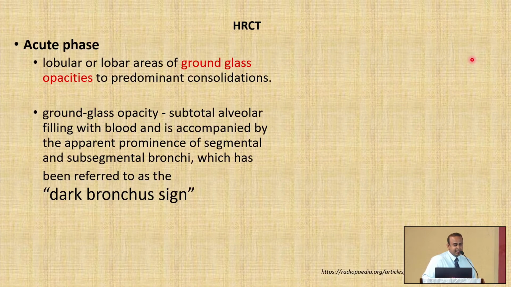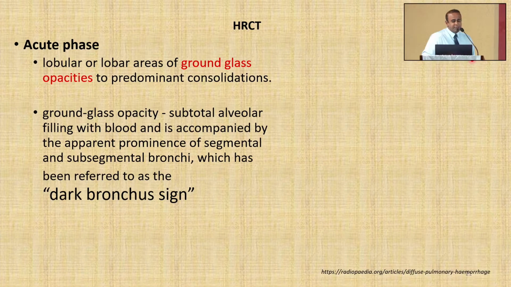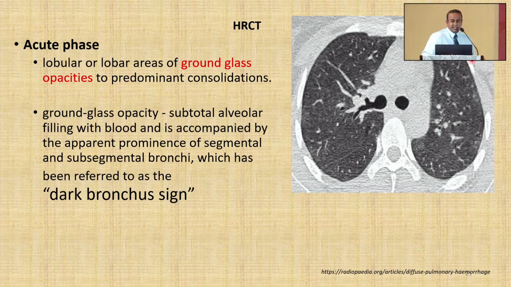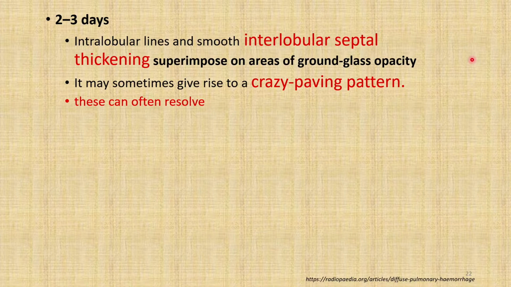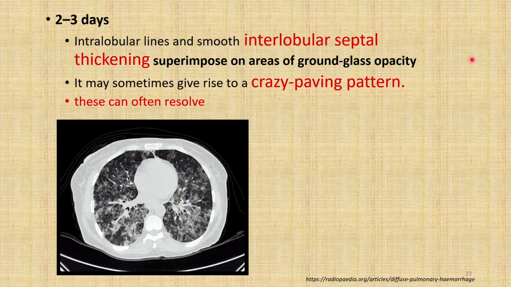So what about the HRCT? In the acute phase, there may be ground glass opacities, and we could appreciate the dark bronchus sign. You can see the patent airways are much more translucent than the peripheral lung parenchyma because of the underlying ground glass and the mosaicism. And after 2-3 days, there may be interlobular septal thickening, as in this image.